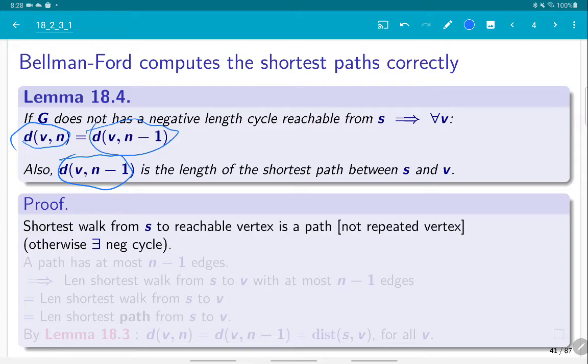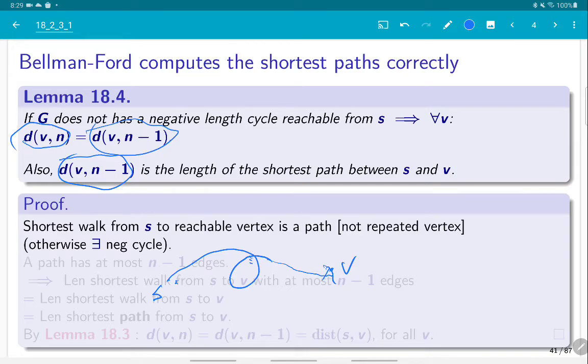Okay, so why is this true? Well, consider the shortest walk from s to v, independent of the number of edges. There are two possibilities. Either it's a simple path, and then it has at most n minus 1 edges, so that's great. The other possibility is that it's not a path, but instead has a cycle in it.